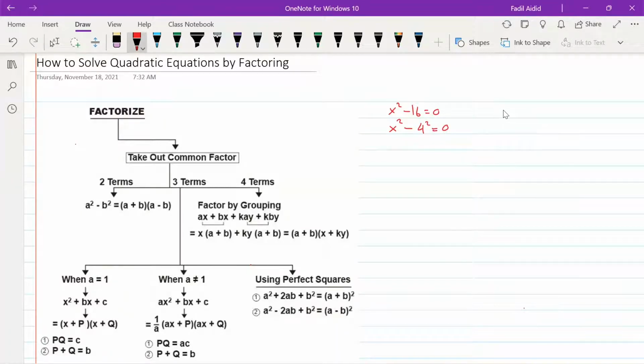And then you know that x is a and 4 is b. Then you can convert it into the right side from this formula, a plus b and a minus b. So a plus b, x plus 4, and a minus b, x minus 4 equals 0. So x equals -4 or x equals 4 from each of these brackets.